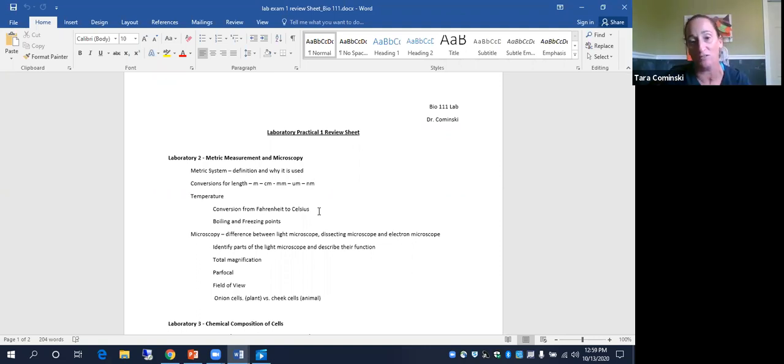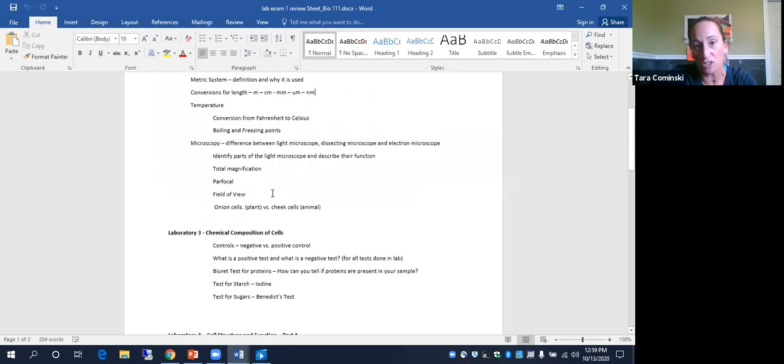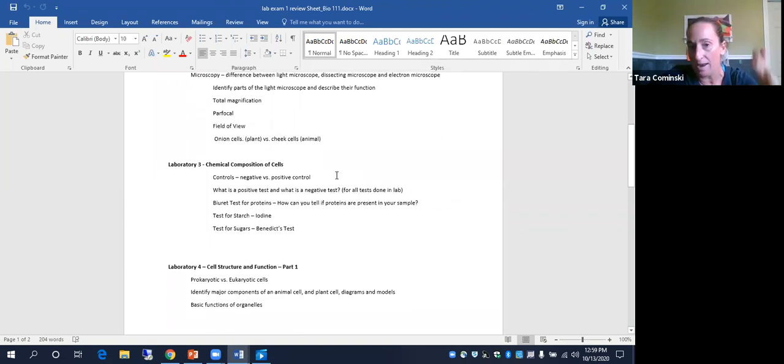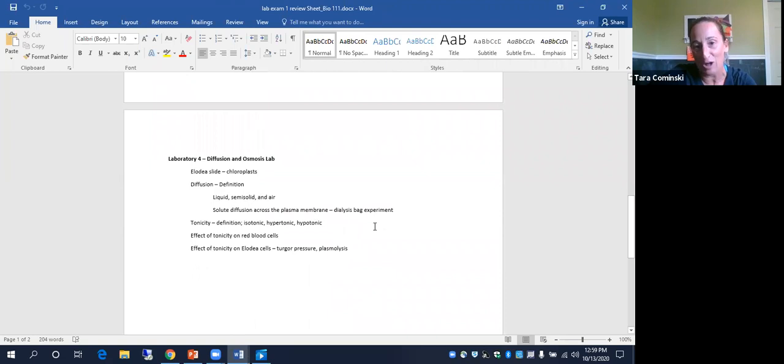There's a few definitions here. In terms of the parts of the microscope, don't worry about adding anything to the review sheet there, but for any of this other stuff, add in any information or detail that you learned from the labs. You're basically filling in this outline just like you do for the exam review sheet.